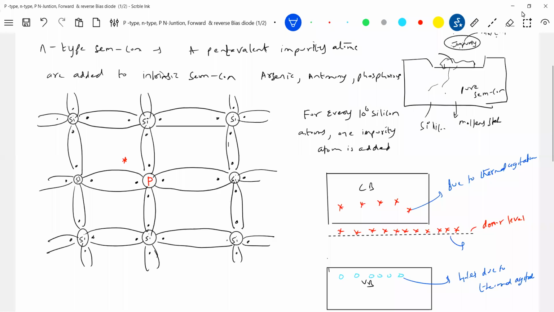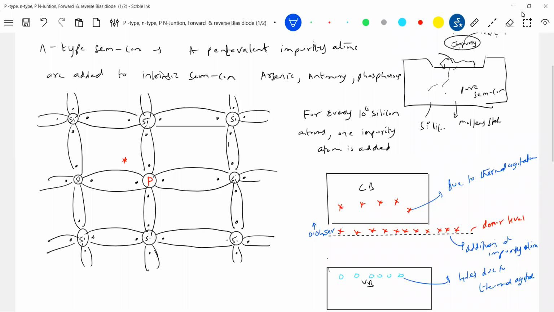What is this energy? It will be bound by 0.05 electron volt, a small energy. If you just supply that energy, it becomes free, and it is free to move anywhere inside the semiconductor material.